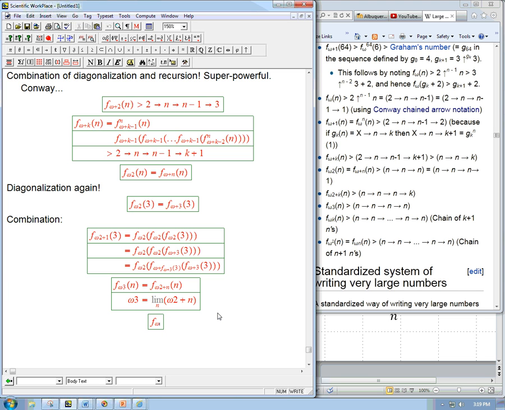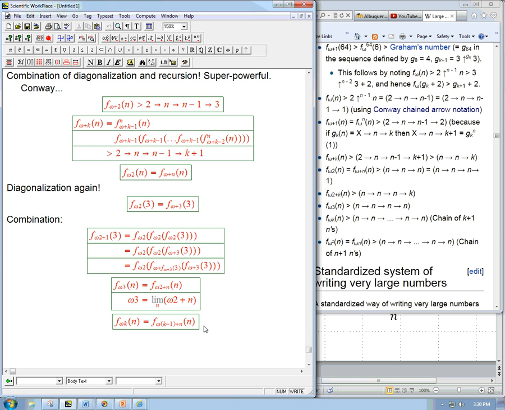F omega k of n. Omega times k is just the limit of f omega k minus 1 plus n's, and so that's going to be f sub omega k minus 1 plus n of n. So to calculate f omega 7, it's going to be f omega 6 plus as big numbers as we can imagine.